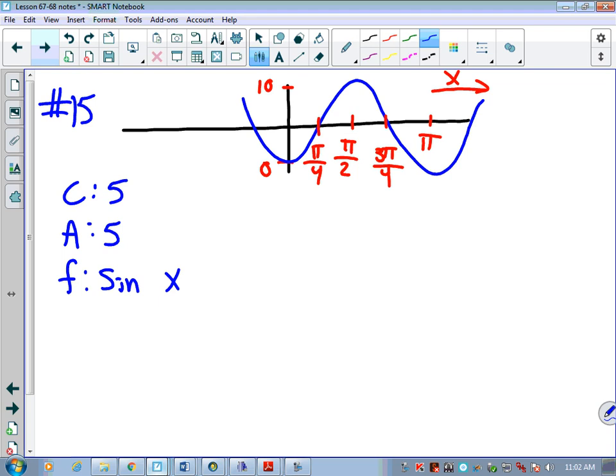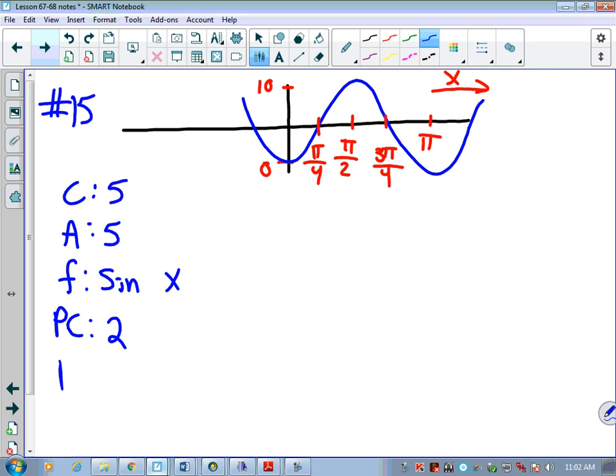The next thing you want is your period change. Is it going through a period in 2 pi? No, it's completing a period in 180 degrees, which means how many periods is it going to go through in 360 degrees? 2. Does that make sense?